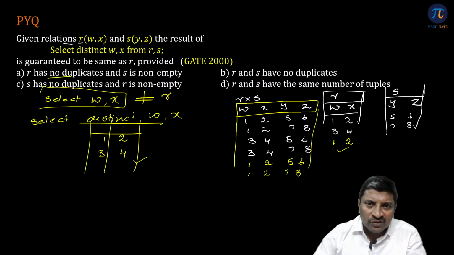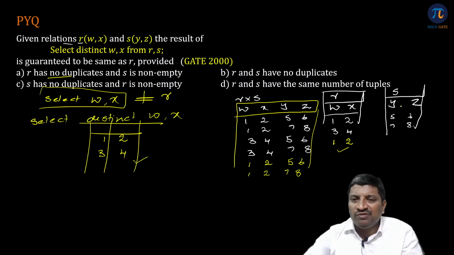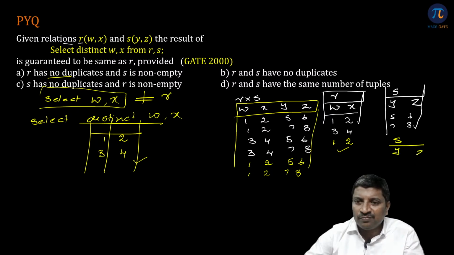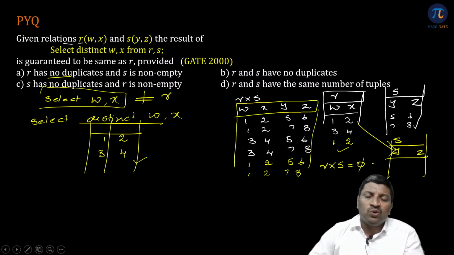It's fine, sir. Okay. Then S must be non-empty. Yes, of course. Suppose S doesn't have any records. Let us assume S is an empty table. Then with whom do you match, sir? You cannot match anything. R cross S is the empty set, so no tuples.